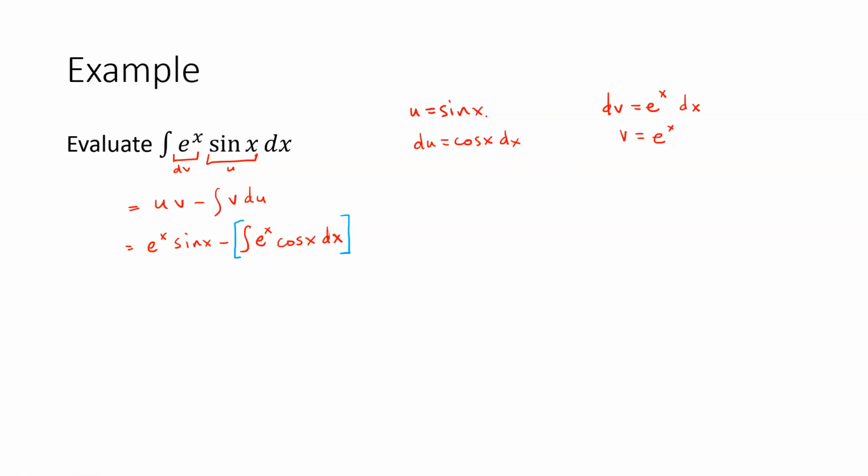I don't want to change it now because I want to be consistent with how I'm choosing these functions. So I'm going to choose u equal to cosine and dv equal to e to the x, so that du is equal to negative sine x and v is equal to e to the x. So let's see what we wind up with now.